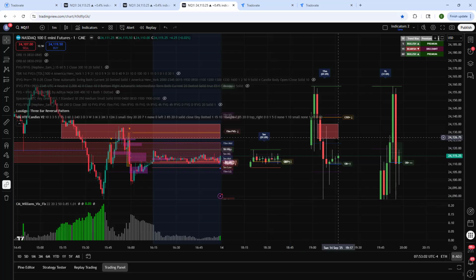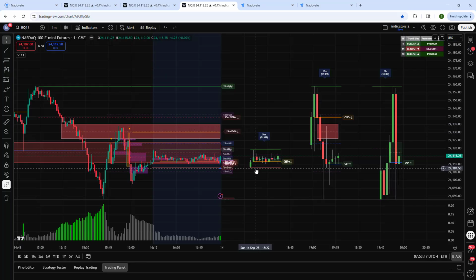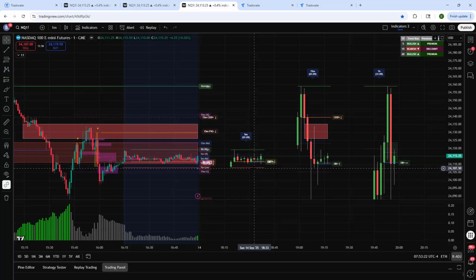That's what gives these candles, and you can see fair value gaps, order blocks, change in state of delivery on the higher time frame, and they have fair value gap inversions as well. So that's basically my setup. It gives me all the information I need. You don't really need much more than that.